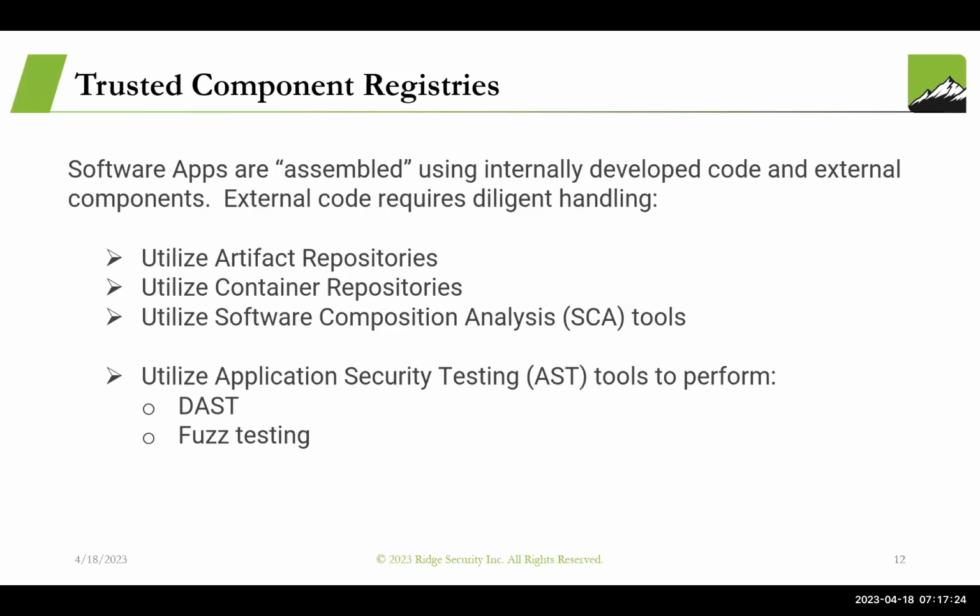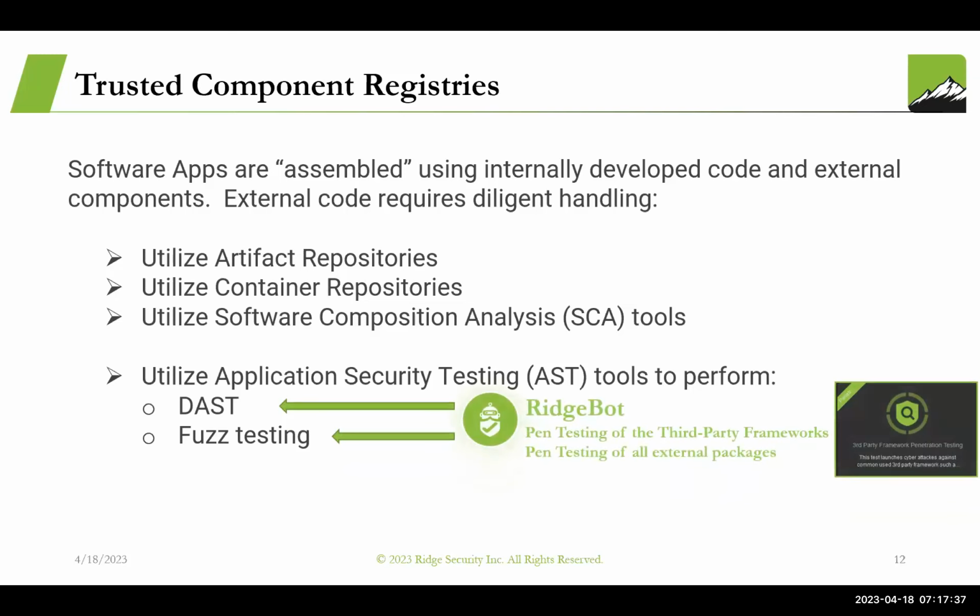Now, the recommendation from Gartner is, again, to perform DAST and fuzz testing on the components, such as the open source packages. Again, RidgeBot can be utilized very effectively here.